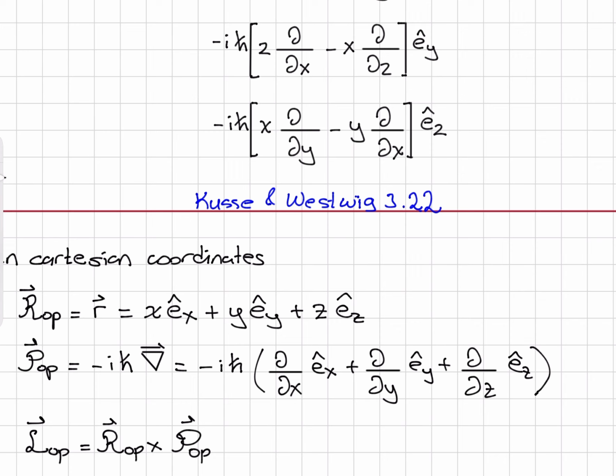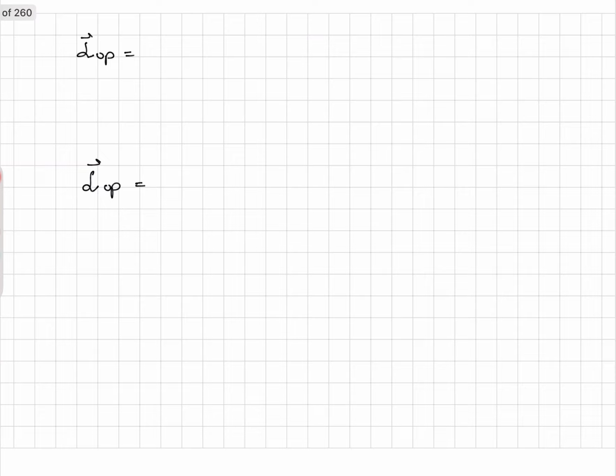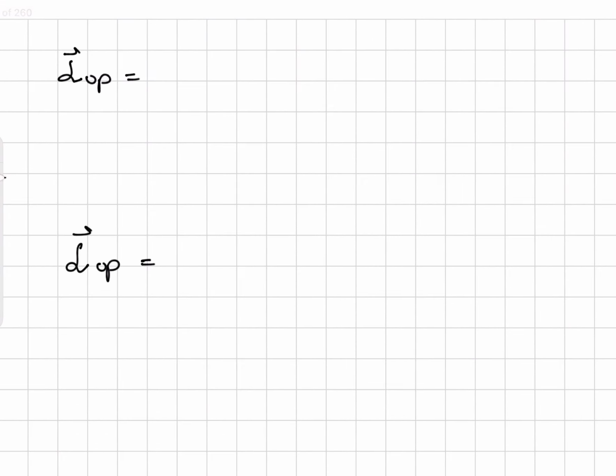And the L operator we're going to obtain by doing a cross product between the R operator and the P operator, the linear momentum operator. So the L operator is the cross product between these two, so we're going to have minus i h bar, and then e_x hat, e_y hat, e_z hat.